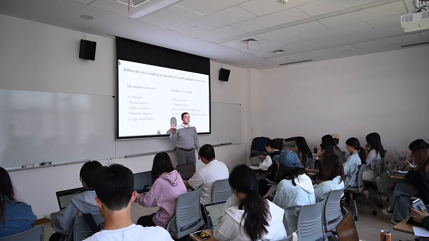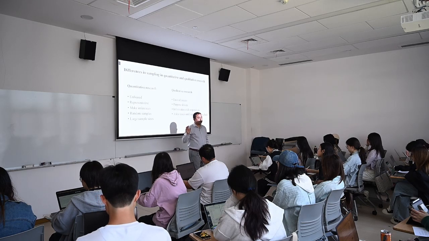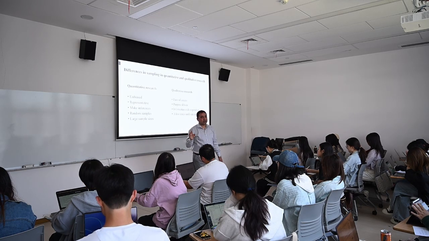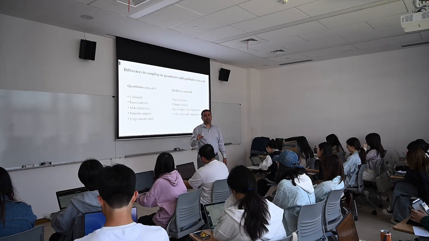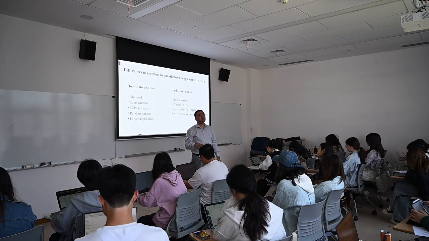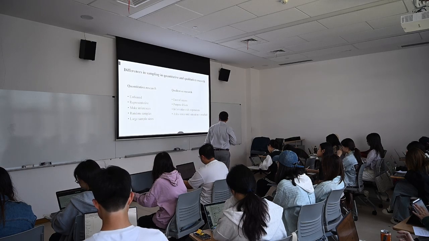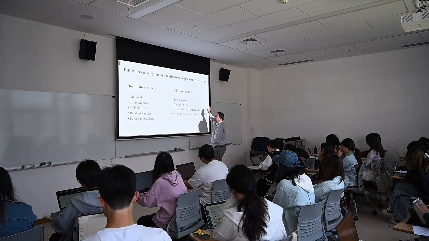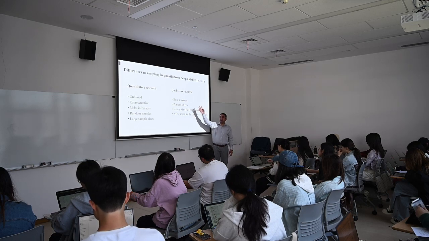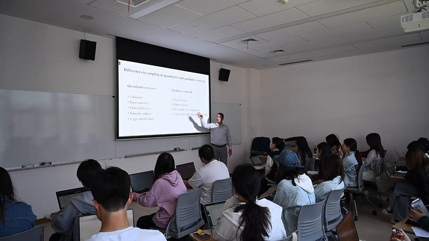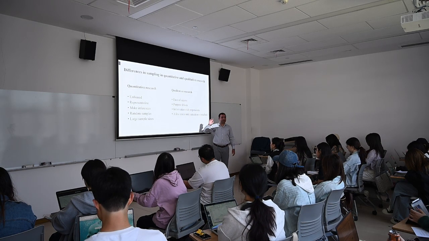Large sample sizes: when we do quantitative research, the sample size is comparatively large as compared to a qualitative study. In qualitative research, what is the difference? Here we focus on it being purposive, ease of access, purpose driven.